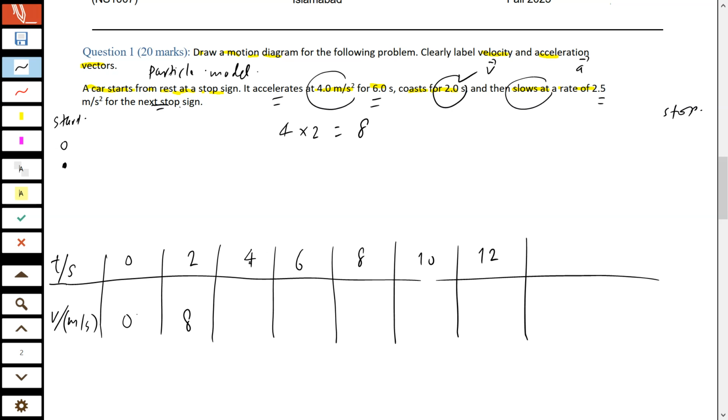And after 4 seconds, because 2 more seconds have passed, another 8 units will be added to the speed. So now we will have 16. You can verify this, right? Another 2 seconds passed, so add that 8 another time, so you get 24.